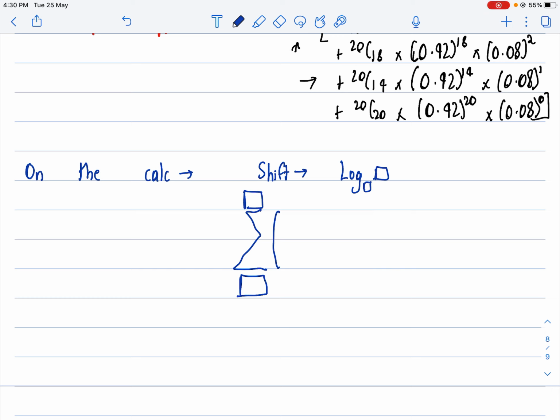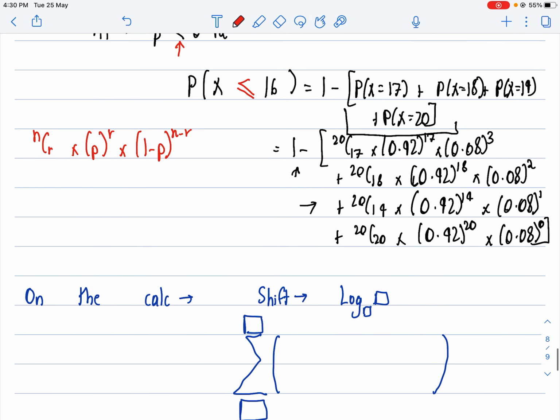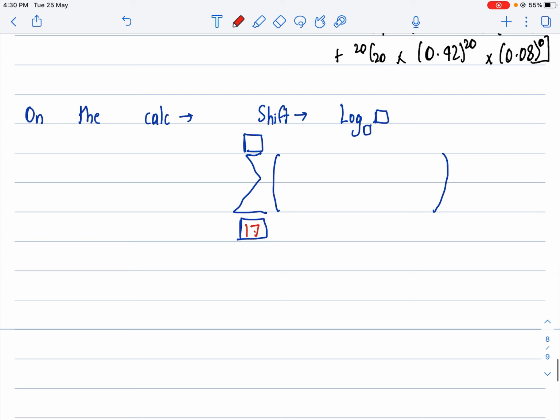Now you are calculating the summation from 17 to 20. So I can write 17 here and 20 here. And here I can write nCr, which is 20C x times 0.92 raised to x times 1 minus 0.92 raised to 20 minus x.